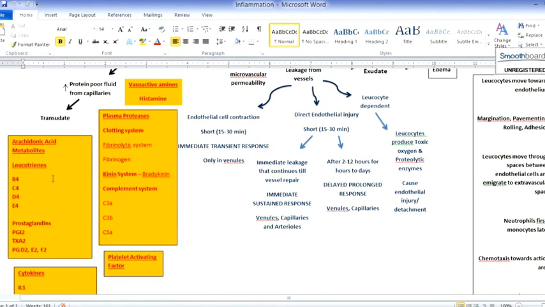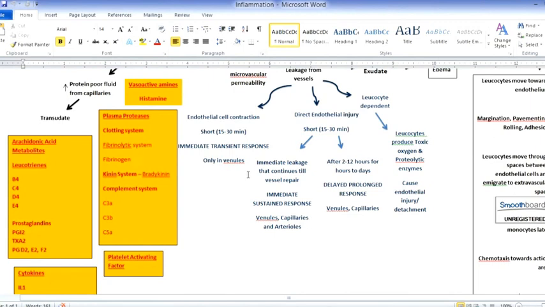Now, let us come to arachidonic acid metabolites. Leukotriene B4, C4, D4, and E4 are the ones that act in inflammation, and they cause various changes such as vasoconstriction or increased microvascular permeability.